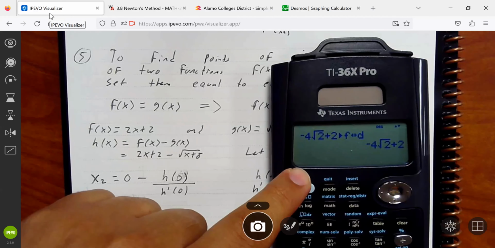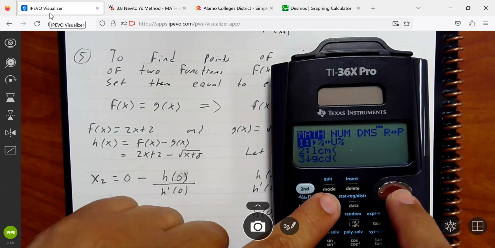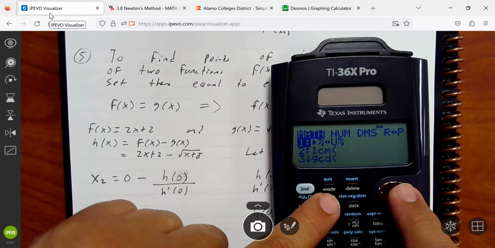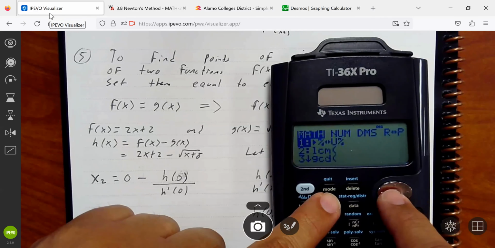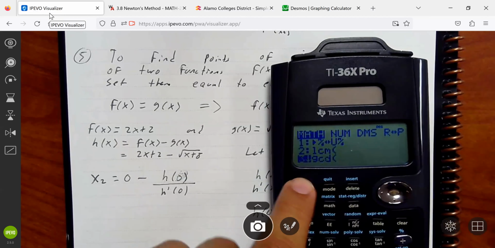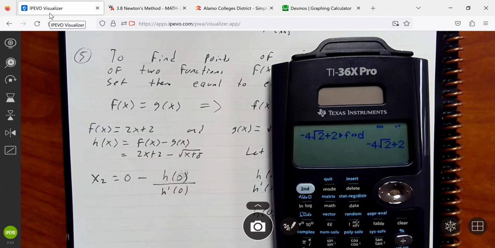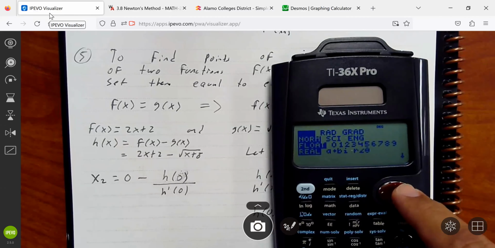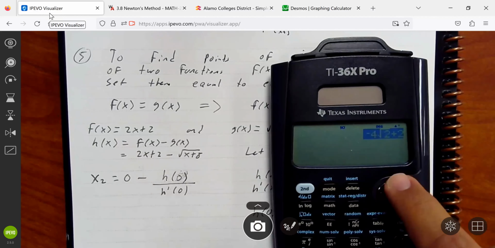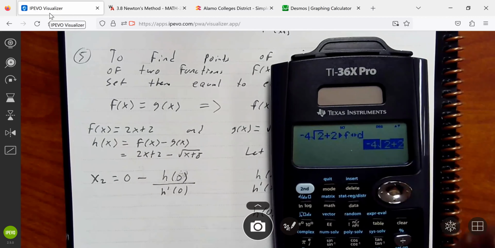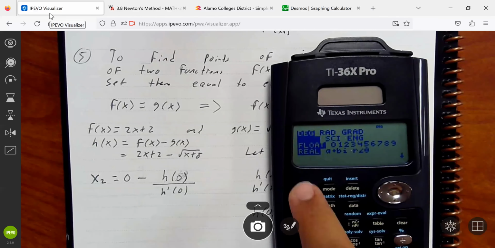Do not want exact, yeah. I forget how to turn that off. One sec. There it is.